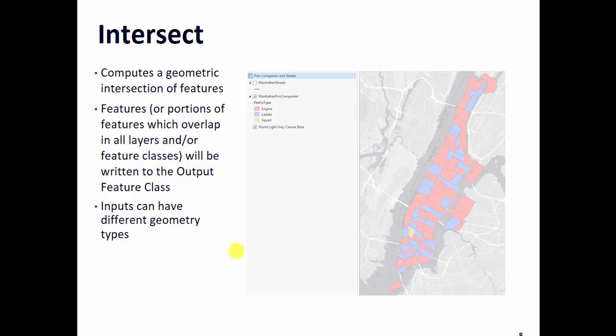So intersect. If I have a polygon, can you see that in the back? Woody, can you see that? If I have a polygon and I have a street, if I use the tool intersect, this will give me zero results. All right?